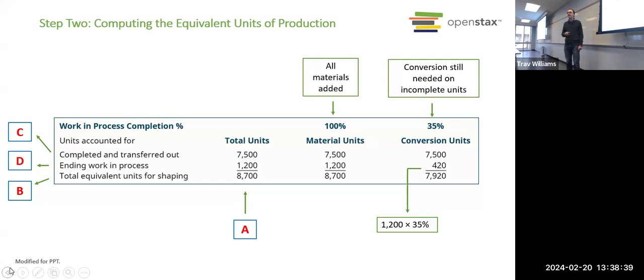They'll always give us the conversion percentage. Sometimes, to throw us off, they will also tell us the conversion percentage for beginning inventory. We never need that information, just ignore it. It's always the ending inventory conversion percentage that we need. But yeah, it's always given to us.